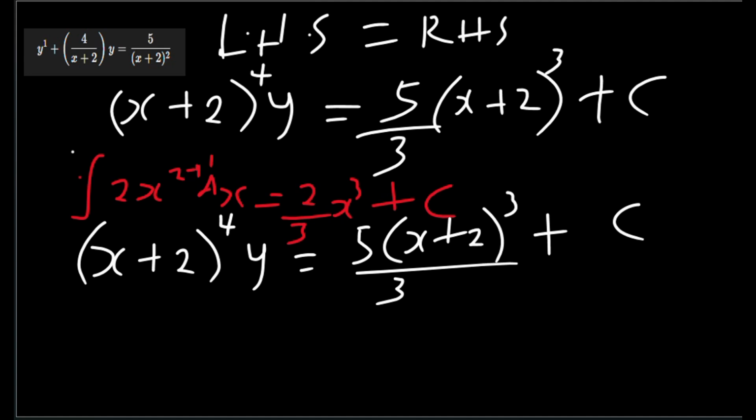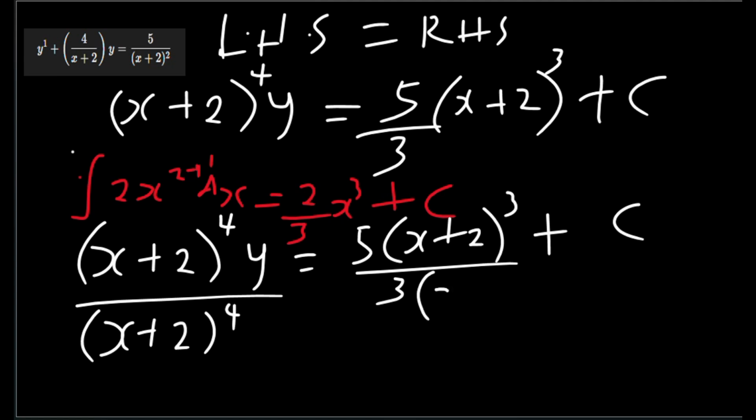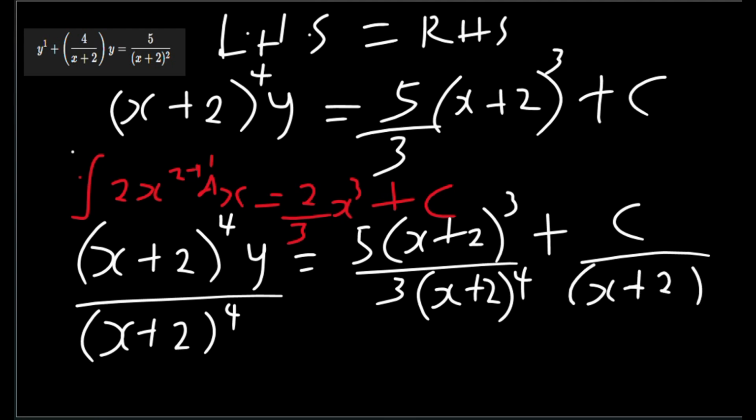So we want y to stand alone, right? So we divide through by the coefficient, x plus 2 to the power 4, and we divide the constant too, so we have c over (x + 2)^4. Alright, now we can cancel the left hand side of the equation.